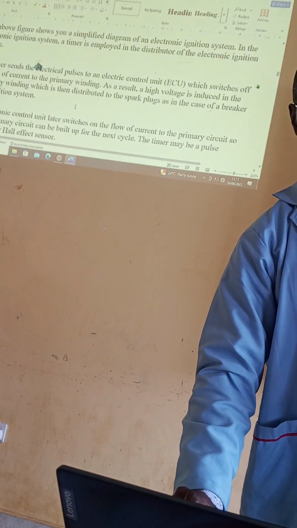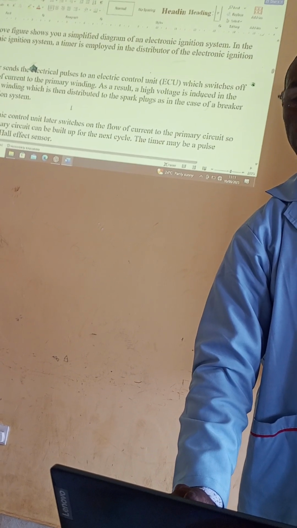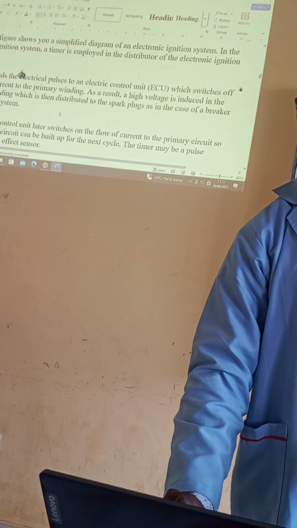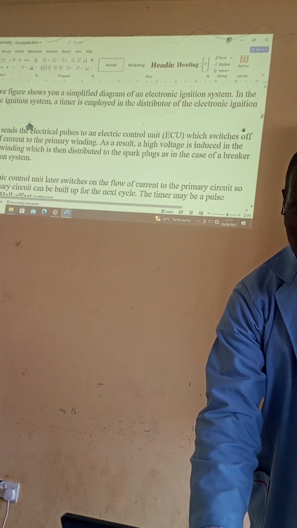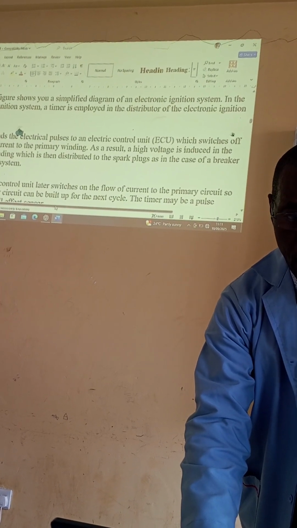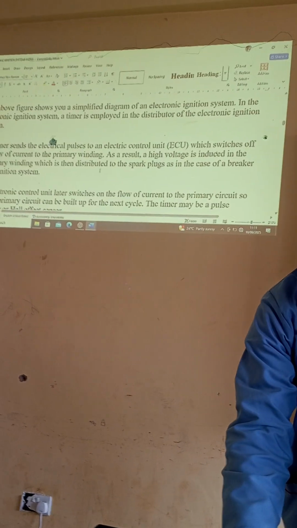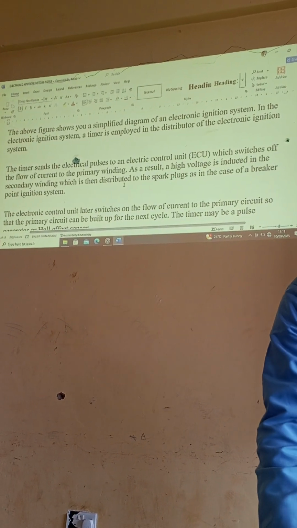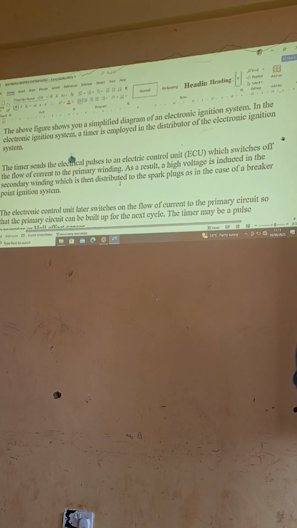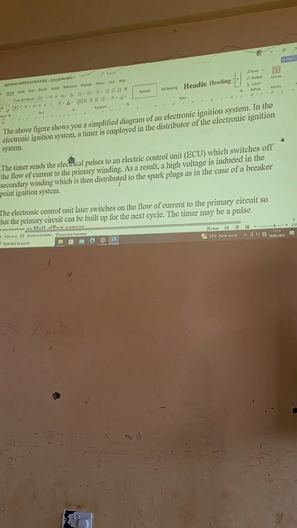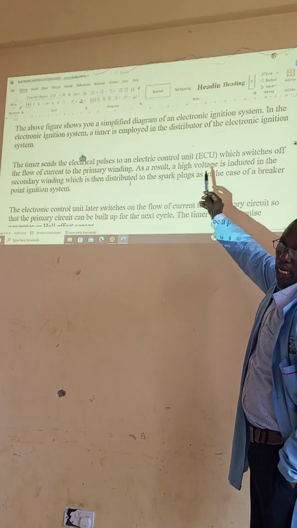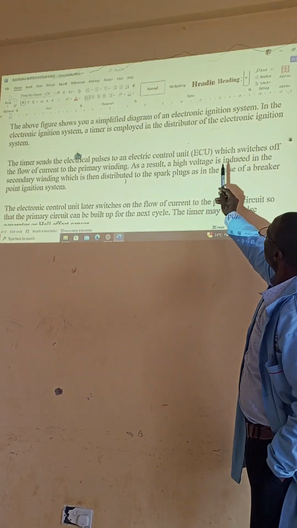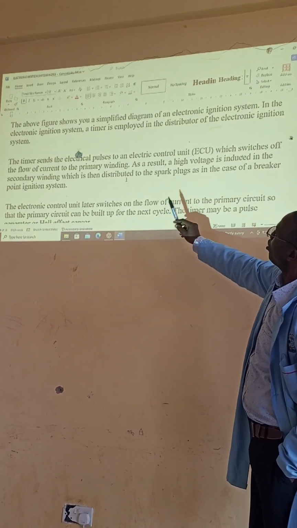So finishing up on this operation, there is a figure that I have just shown you that is a bit simplified. On this figure, I want to describe a bit the operation, whereby a timer is employed in the distributor of the electronic ignition system. The timer sends electrical pulses to an electronic control unit, and it switches off the flow of current to the primary winding.